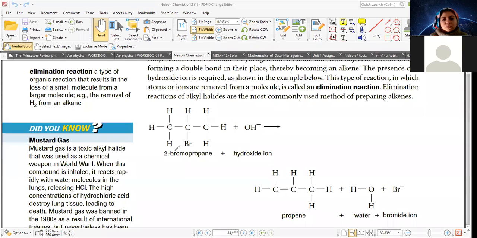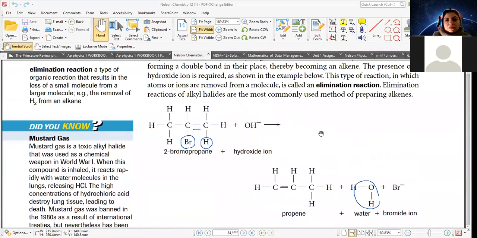See, we have a 2-bromopropane. So this Br will get out because I need to have a double bond now. This H needs to get out too, right? So these two need to get out. The hydrogen with OH will give you water and the Br will come out. So this is kind of the reverse.